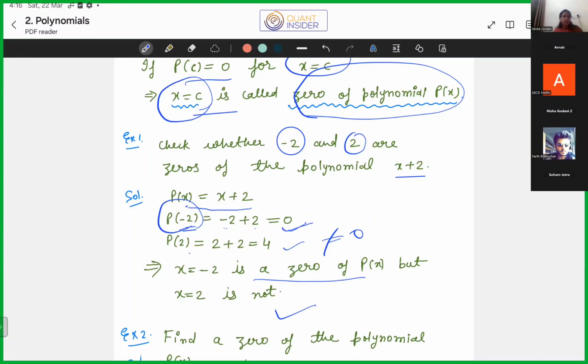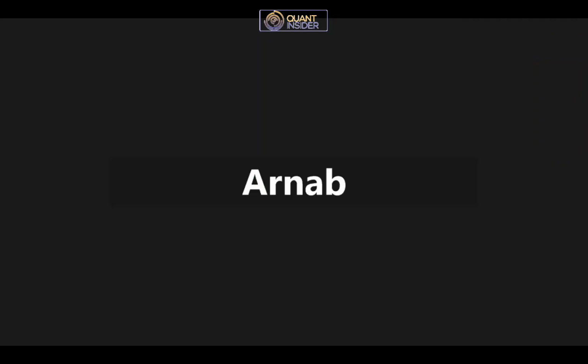Find a zero of the polynomial. If you have to find the zero in previous example, is making okay, it is in progress now.